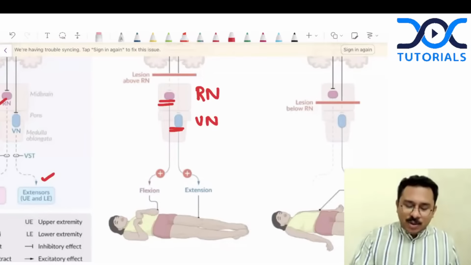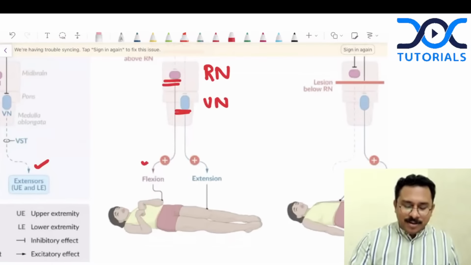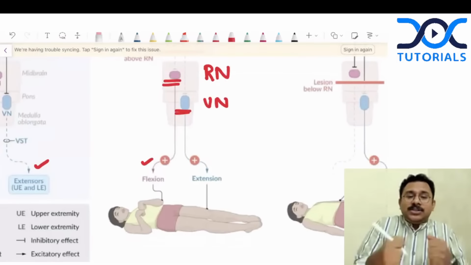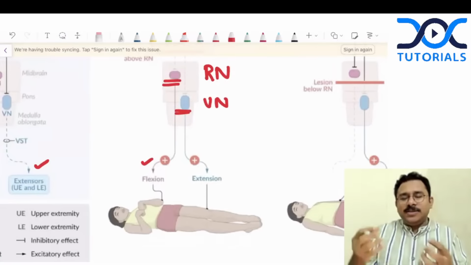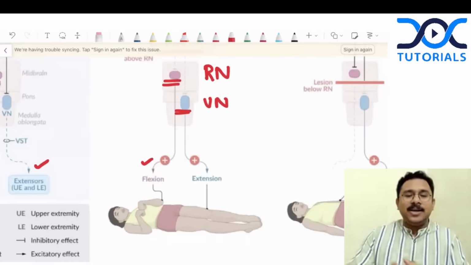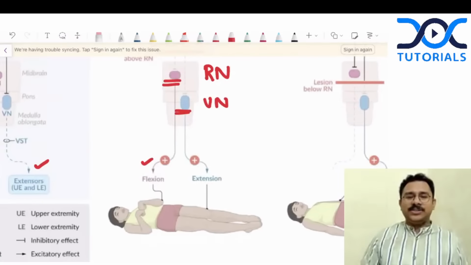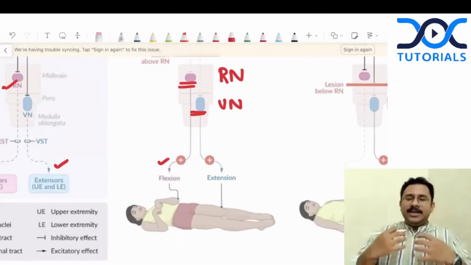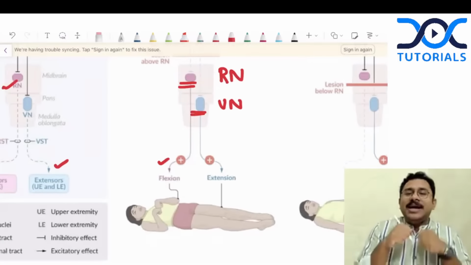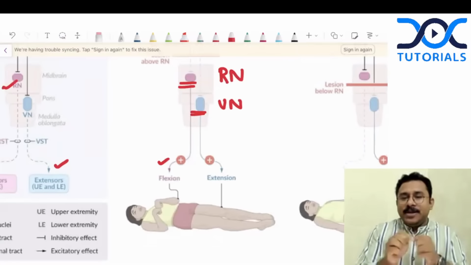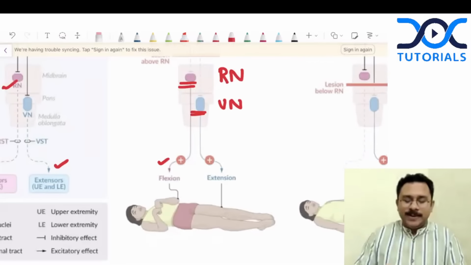Now, when the reticulospinal tract is intact, it will cause flexion of the upper extremities. The intact vestibular nucleus and the vestibulospinal tract will cause extension of lower extremities. Okay, because for upper extremities, red nucleus has the upper hand. So you will have this sort of a posture. This is called decorticate rigidity because of the intact red nucleus and vestibulospinal nucleus.